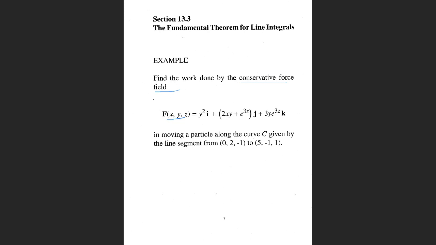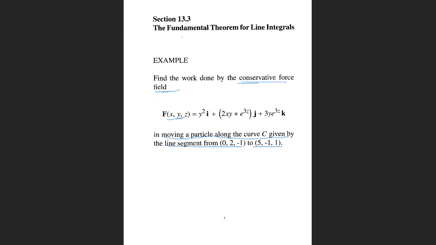all we want to do, we're told we have a conservative vector field, and we want to find the work that this vector field does in moving the particle along the curve C, given by the line segment from 0, -1, 5 to -1, 1.